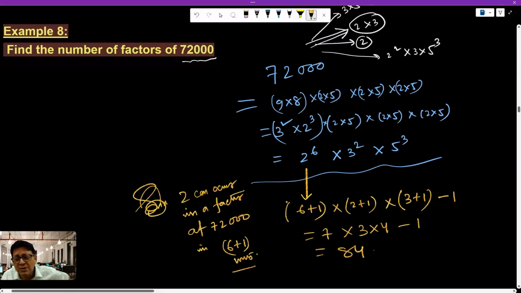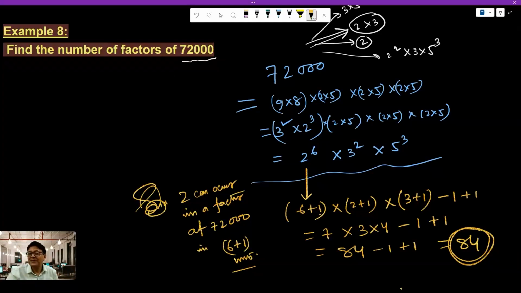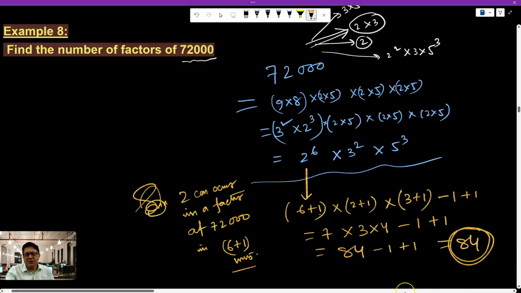Minus 1, because there is a case where none of the factors is taken into consideration. So minus 1. But it will be plus 1. Why? Because 1 is a factor that you have not considered. So the answer remains 84. Hope you have understood. Fantastic problem. We are doing all using the fundamental principle of counting. Okay?